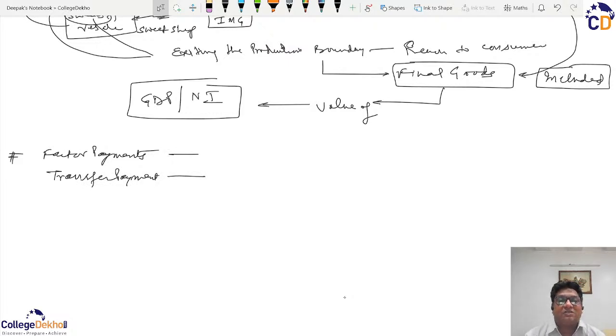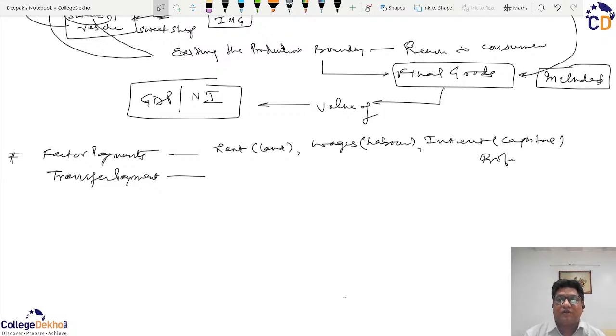The factor payments are primarily the rent which has been given on the land. It is the wages, that is the salary which has been paid on the labor. It is the interest which has been paid on the capital, and it is the profit which has been paid on the enterprise.